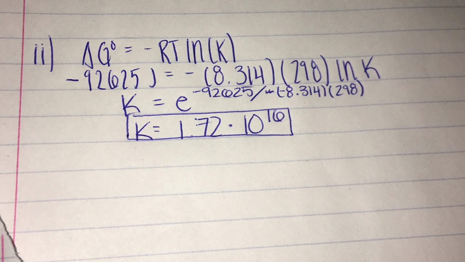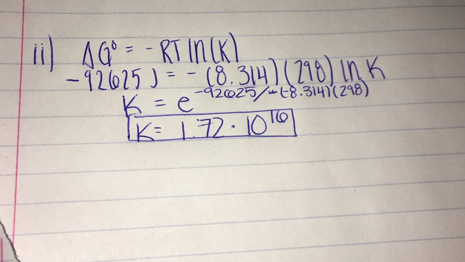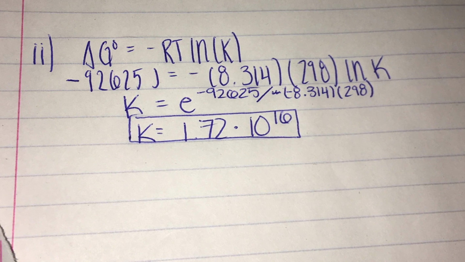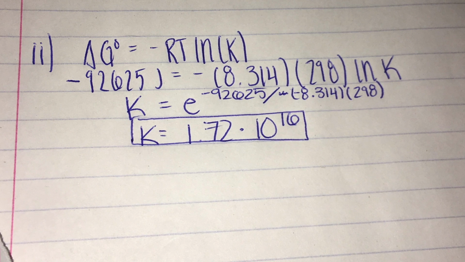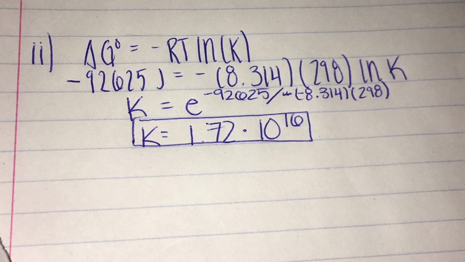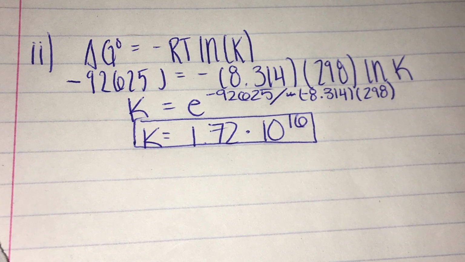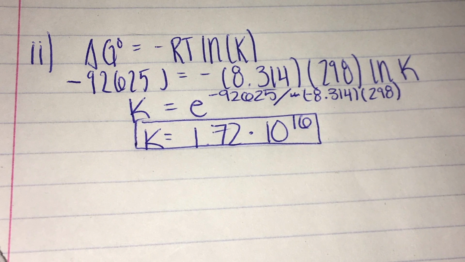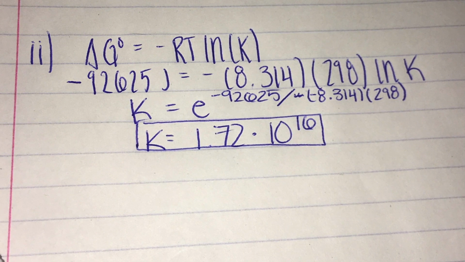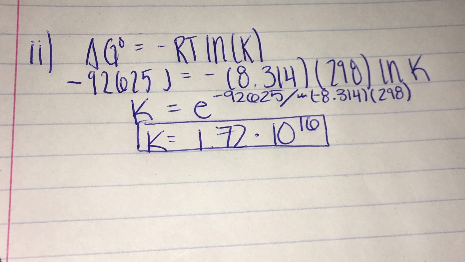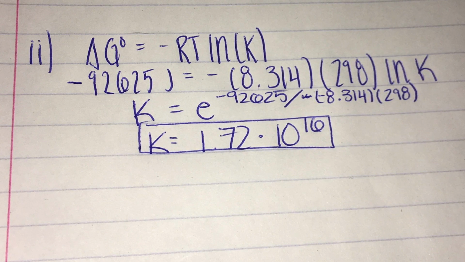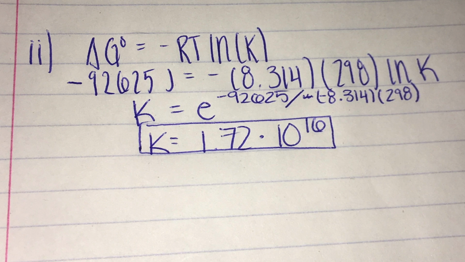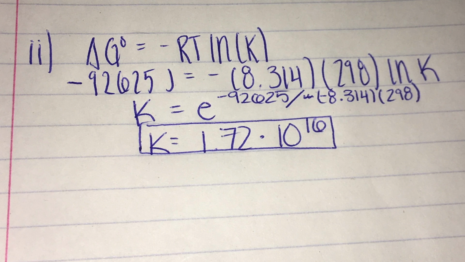So negative 92,625 joules equals a negative value of 8.314 times 298 times the natural log of K. So K equals e to the negative 92,625 divided by negative 8.314 times 298 power, which equals 1.72 times 10 to the 16th. And there are no units for K.